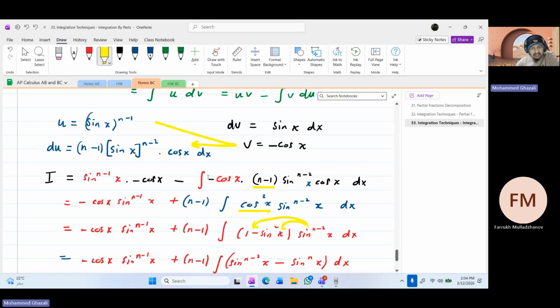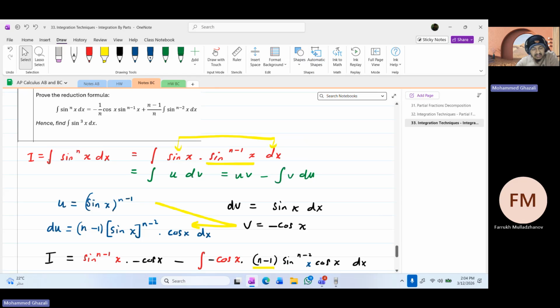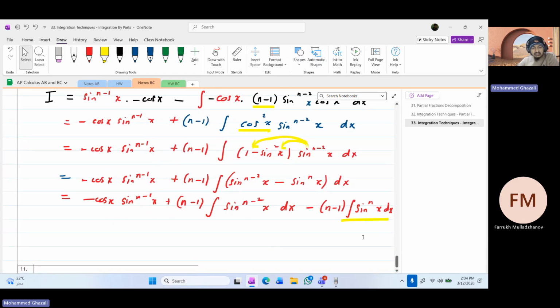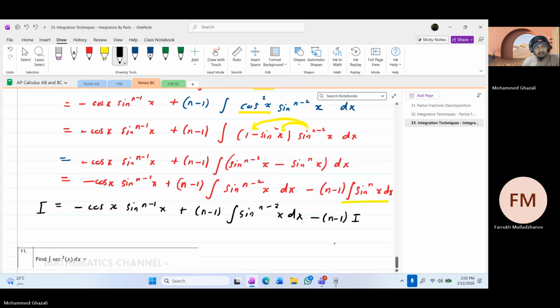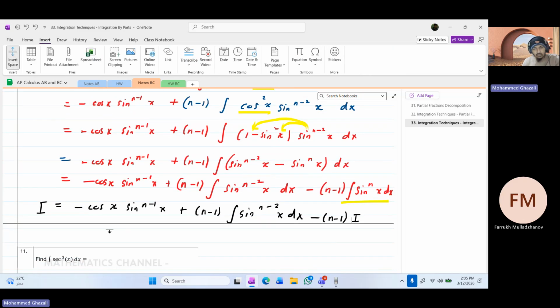What is the integral of sine^n x dx? It is I. So again, you've got a looped integral inside here. It's just algebra. That's n minus 1 integral of sine^(n-2) x dx, minus n minus 1 times I. And I think that's where they're getting the division by n.